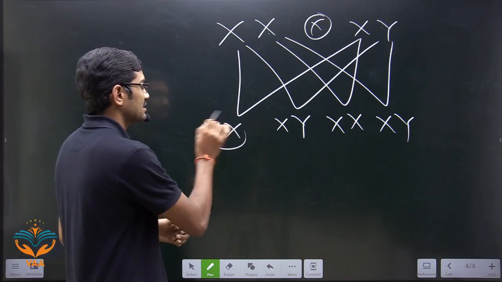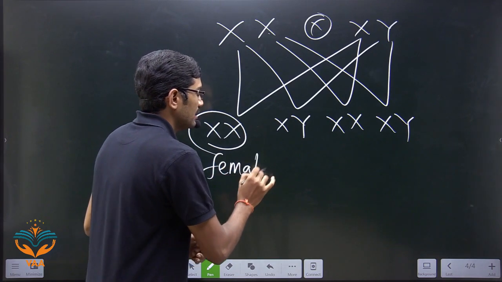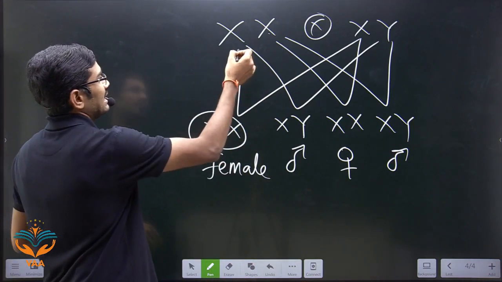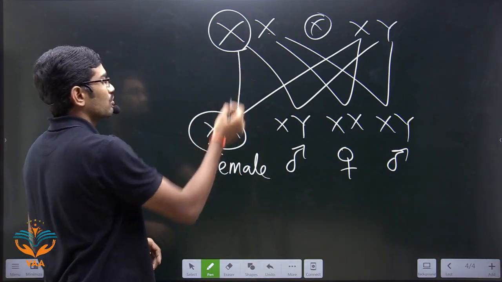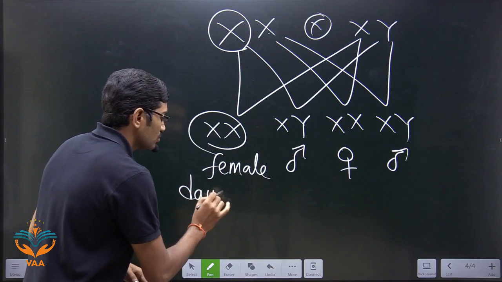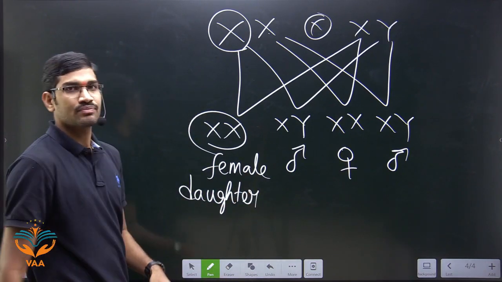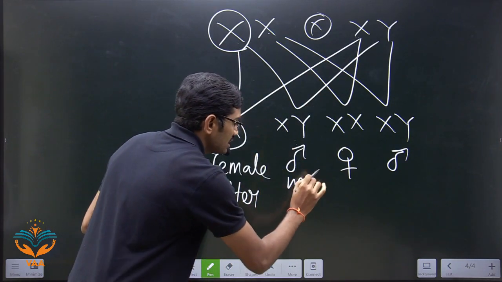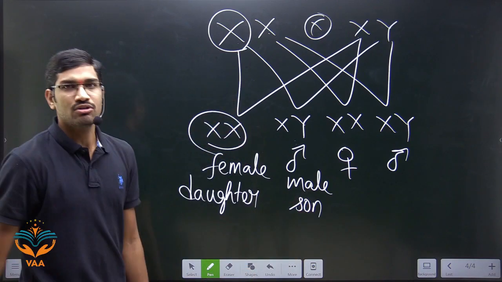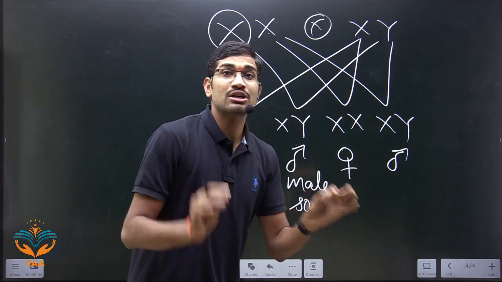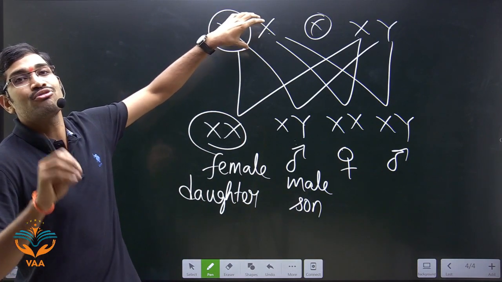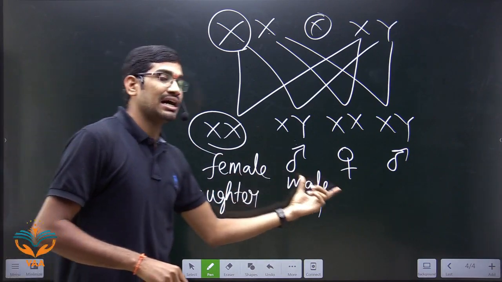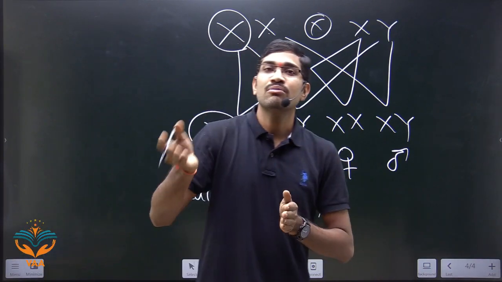This is a female and this is a male. The X chromosome of the female is going to the next generation daughter, and not only that, it is also going to the next generation male, that means the son. Similarly for this one also. So the X chromosome of the female or mother can go to next generation daughters or sons, so there are chances for both possibilities.